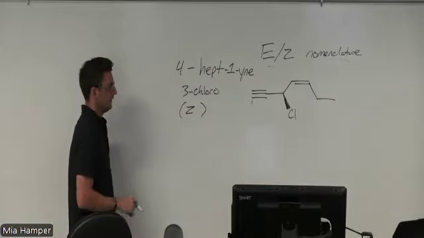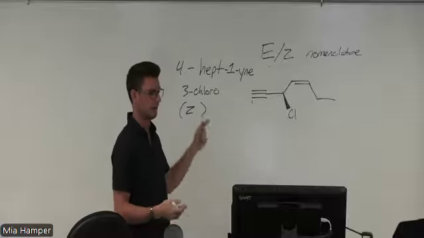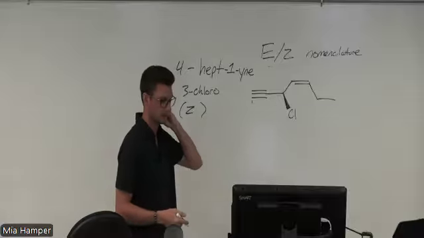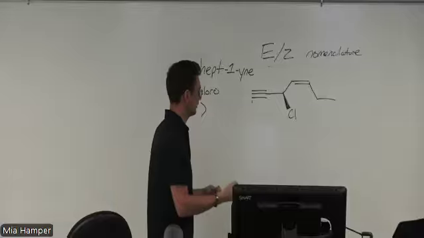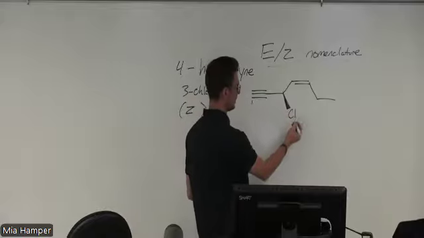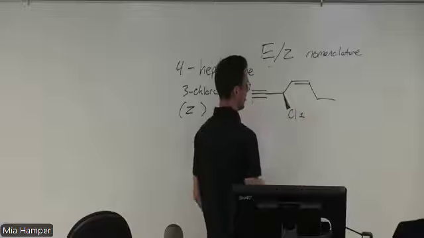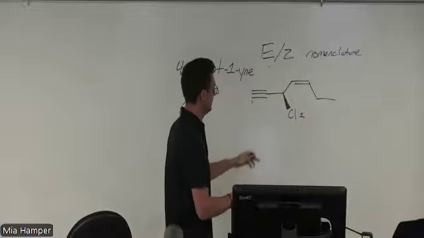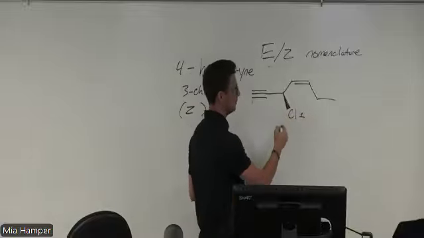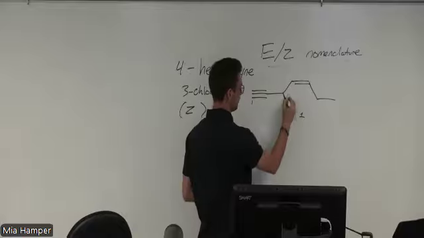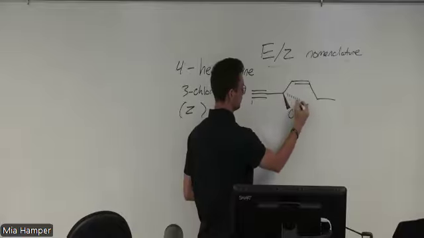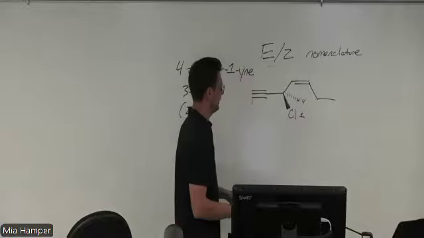Okay, and we have chirality involved in that chlorine. That is a chiral carbon. So let's assign priority. That chlorine is going to be a 1. Then our implied hydrogen is going to be a 4. What about the rest?